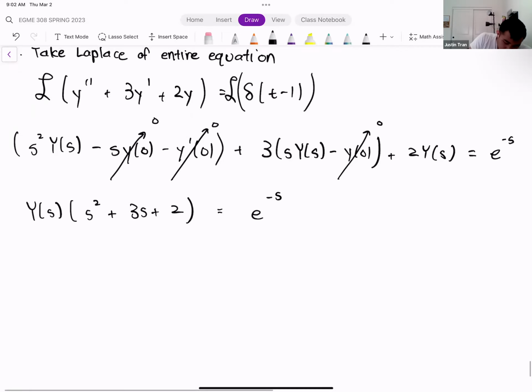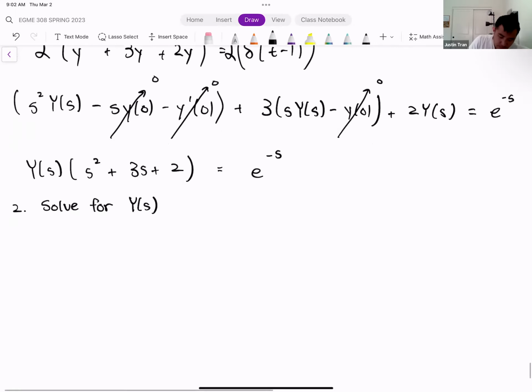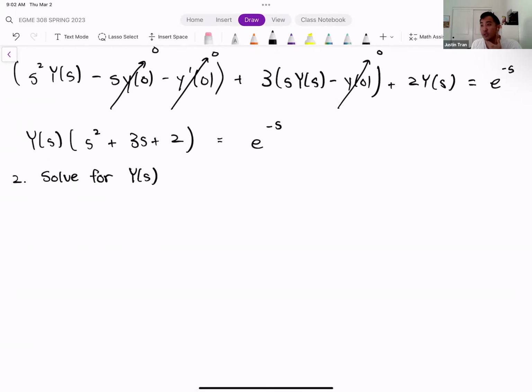All right, so now that we have applied the Laplace transform to the equation and we've simplified it as best we can, let's go ahead and solve for Y of s. Okay. And so for this case, it's pretty simple. All we have is that quadratic expression on the left-hand side, and so let's divide by that.